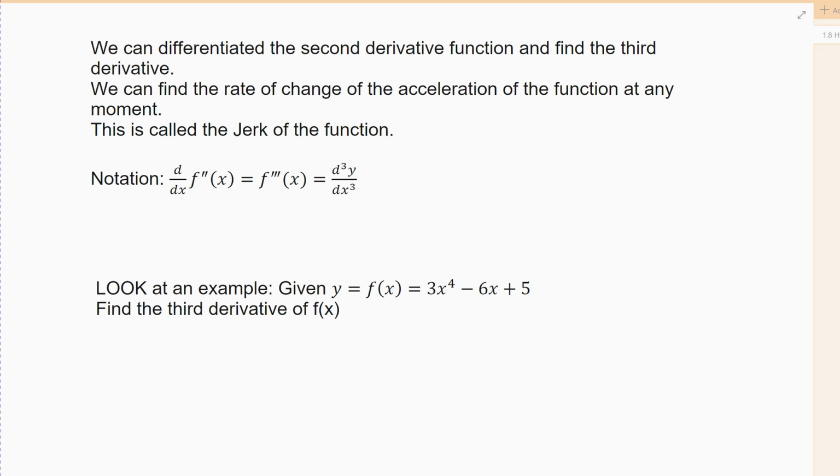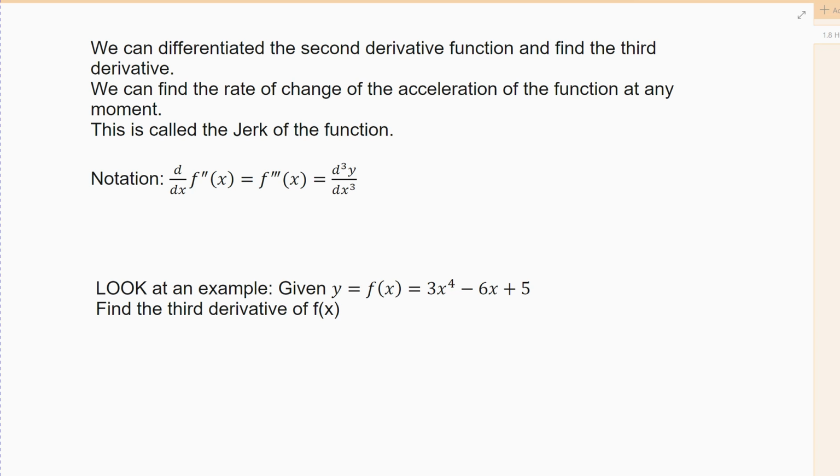That motion of fast acceleration, where my acceleration is increasing, or fast braking, which would be fast deceleration, that's what this third derivative is looking at. And if you think about it, when you do that, there's a jerk to it. Your body actually has a jerking motion, which is why it's called that.